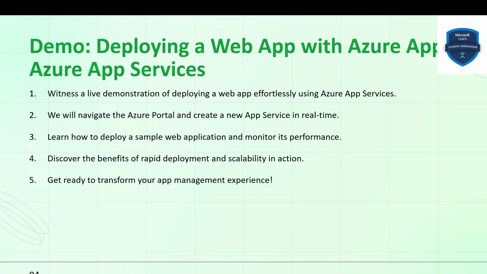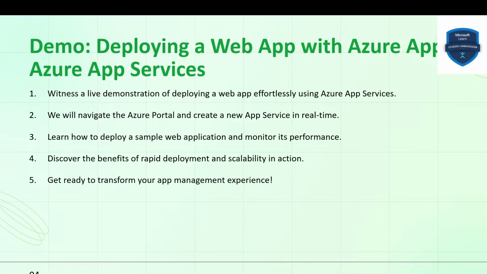Replace azure with your remote name if different. For GitHub, Azure Repos or Bitbucket, set up the continuous deployment pipeline. Connect your repository to the app service. Configure build and deployment settings if needed.